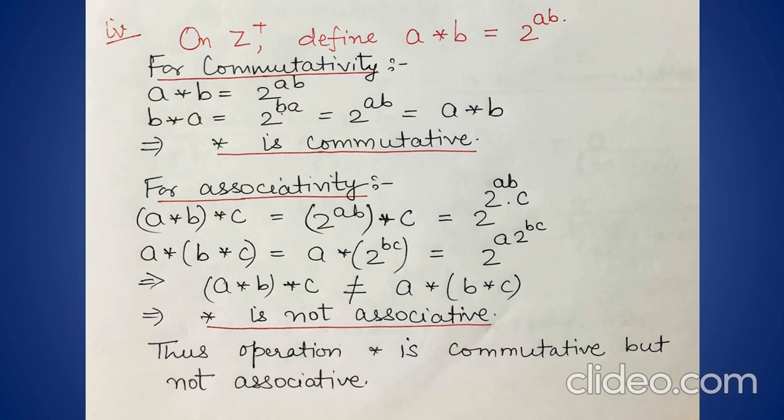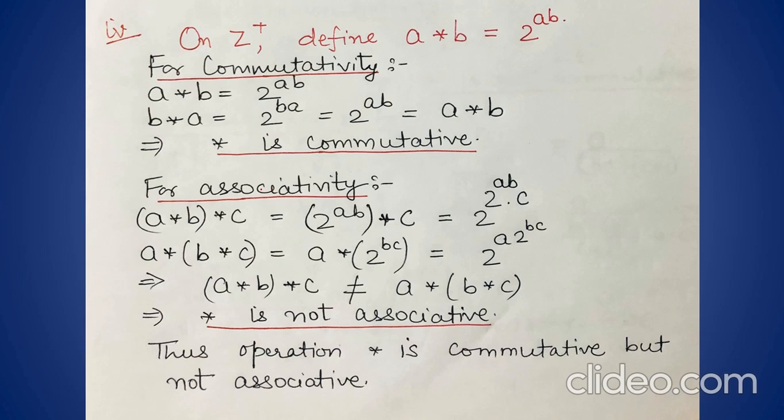In place of A, there will be B, and in place of B, there will be A. Now again, in case of positive integers, the product of two positive integers remains the same even if we change the order. So AB is equal to BA, so we can say 2 to the power AB is equal to 2 to the power BA. So here we get B star A equal to A star B, or we can say A star B and B star A are the same. So here star is commutative.